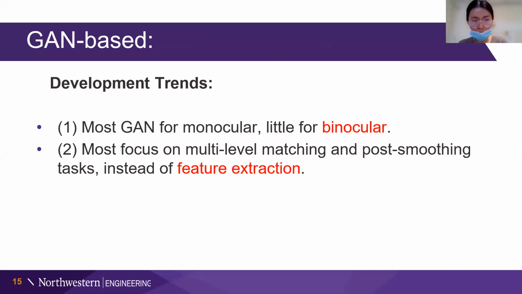First, GAN is more used in monocular, and little of this method is used in binocular. And the second, GAN methods mostly focus on multi-level matching, and seldom use multi-level matching as a post-smoothing task instead of feature extraction.